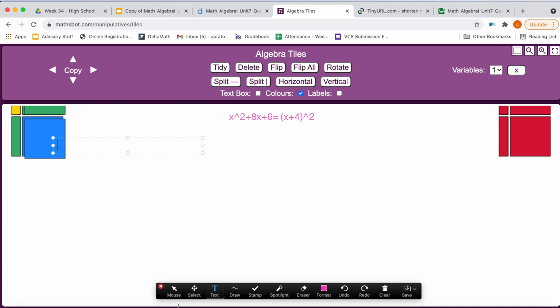So here's x squared, and then we have 8x, so I'm going to actually figure out how to put 8 of these on here. And we're building a square, so we want to keep it even.